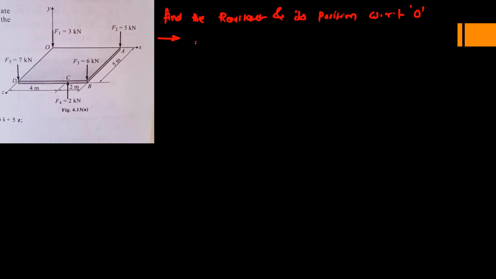So your first step: the resultant R bar is equal to the vector addition of F1 bar, F2 bar, F3 bar up to F5, as there are 5 forces in the system. Now for the parallel force system, just consider a single force.